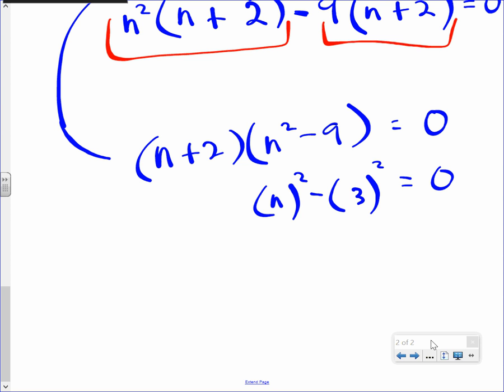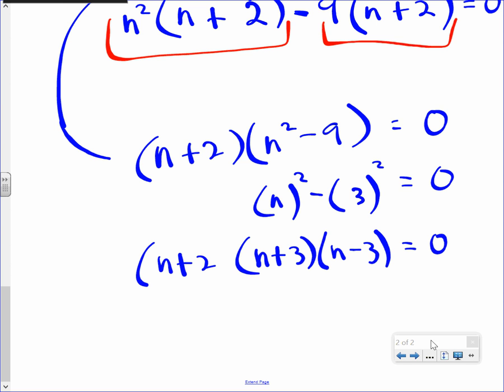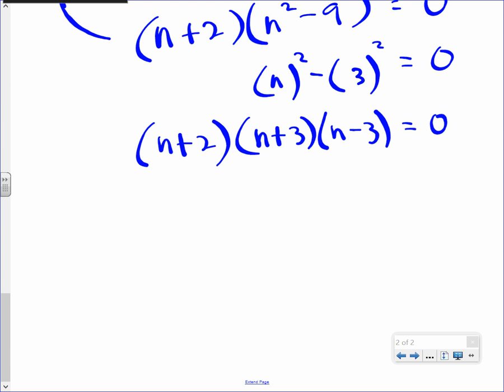The pattern says A plus B, A minus B. So n plus 3, n minus 3. And don't forget the n plus 2 over here. I think we've factored it completely.